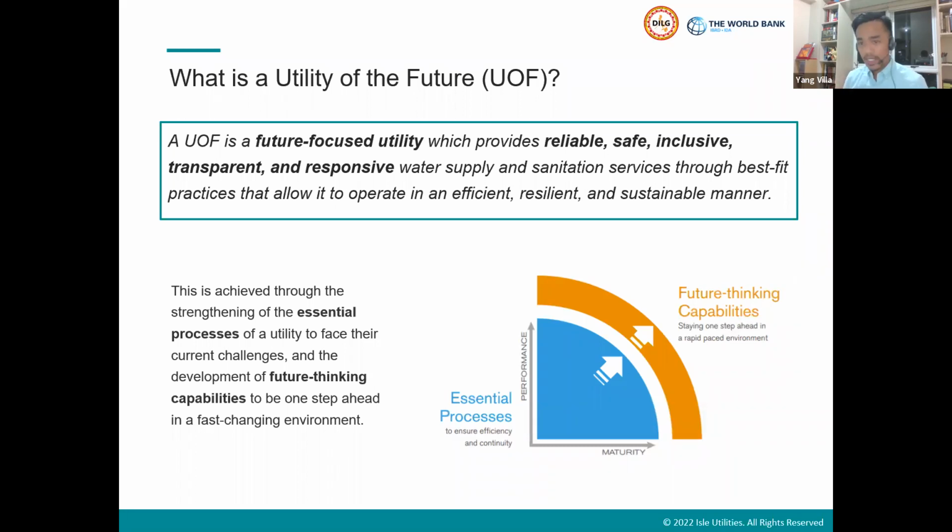Furthermore, beyond strengthening their essential processes, we help utilities develop what we call future thinking capabilities, being one step ahead, especially in a rapid-paced environment, and given the uncertainty of, say, factors like climate change and other factors that are beyond the control of utilities.